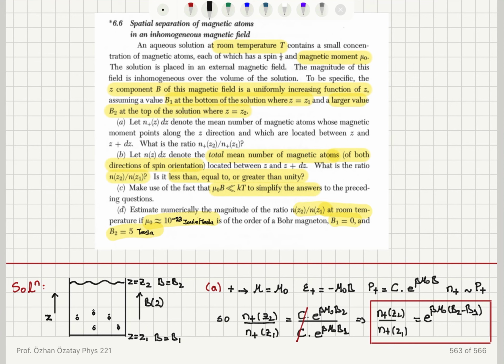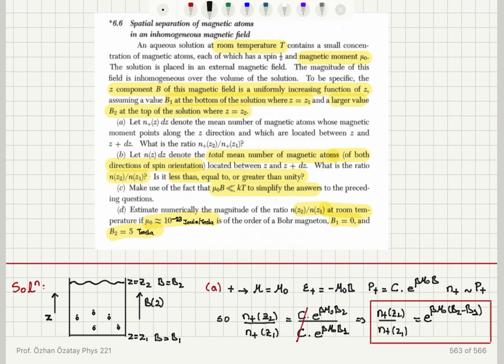And maximum value at the top, z equals z2, B equals B2. First, we calculated the ratio of the mean number of magnetic atoms whose magnetic moments point along the z direction, located between z and z plus dz, for the position z equals z2 and for the position z equals z1.